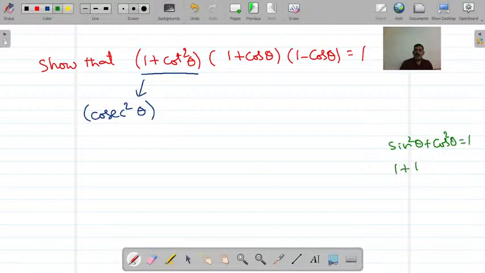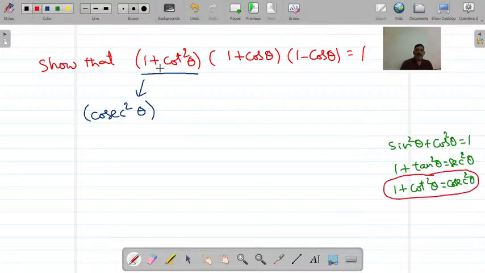Second one is 1 plus tan square theta is equal to sec square theta. Third one is 1 plus cot square theta is equal to cosec square theta. Now I think by this time you understood which identity we used. I straight away used this third one. I know that it is 1 plus cot square theta, so I simply wrote it like this. So I can replace 1 plus cot square theta by cosecant square theta.